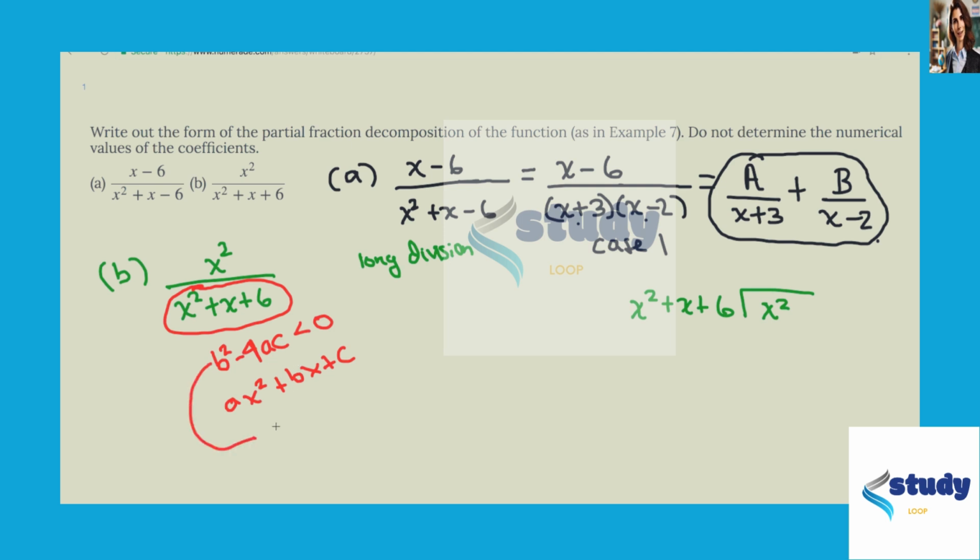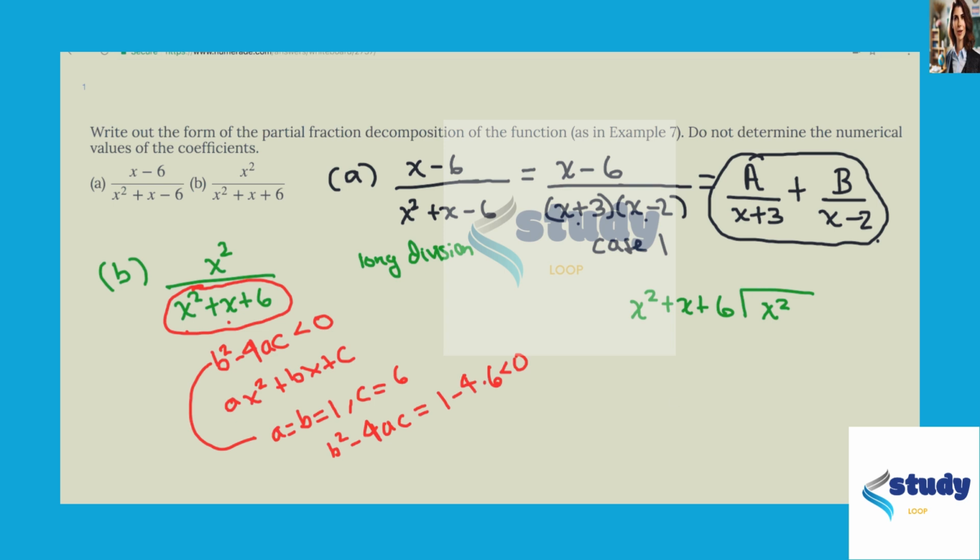In our case, a equals b equals 1. These are the coefficients in front of the x squared and the x. C equals 6. So b squared minus 4ac is just 1 minus 4 times 1 times 6, and that's less than 0. So this thing will not factor, so we'll come back and use this fact later on.